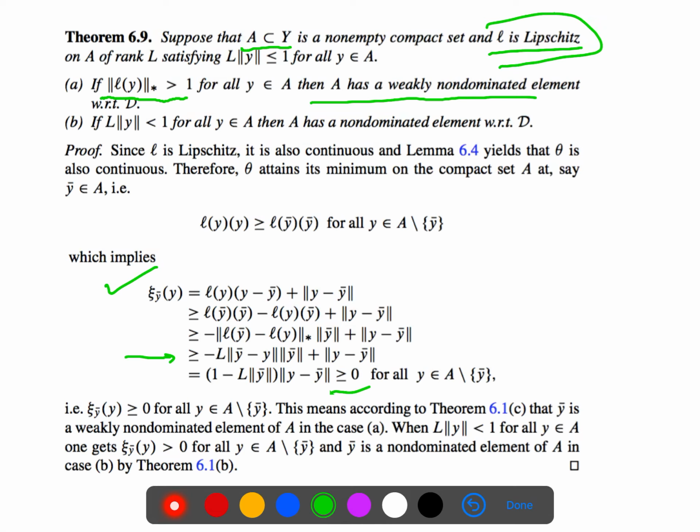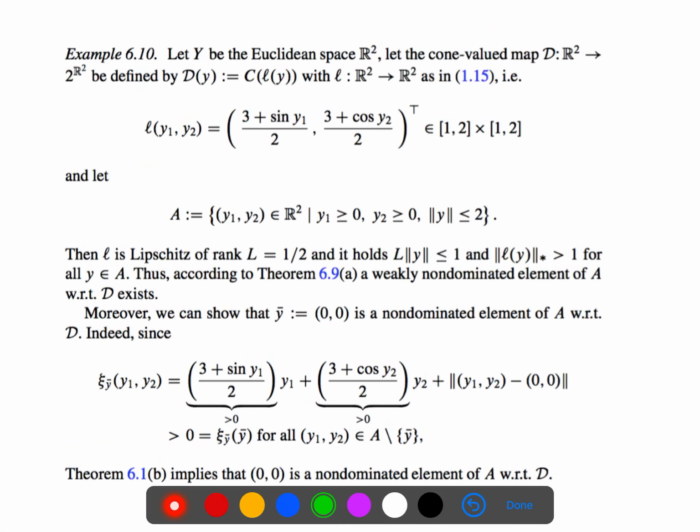So we use the result from theorem 6.1 to say that it is a weakly non-dominated element.